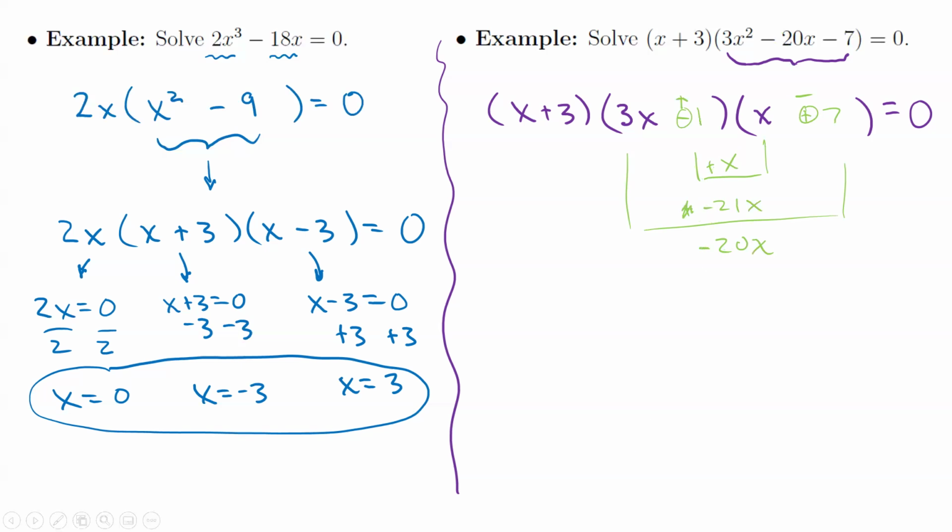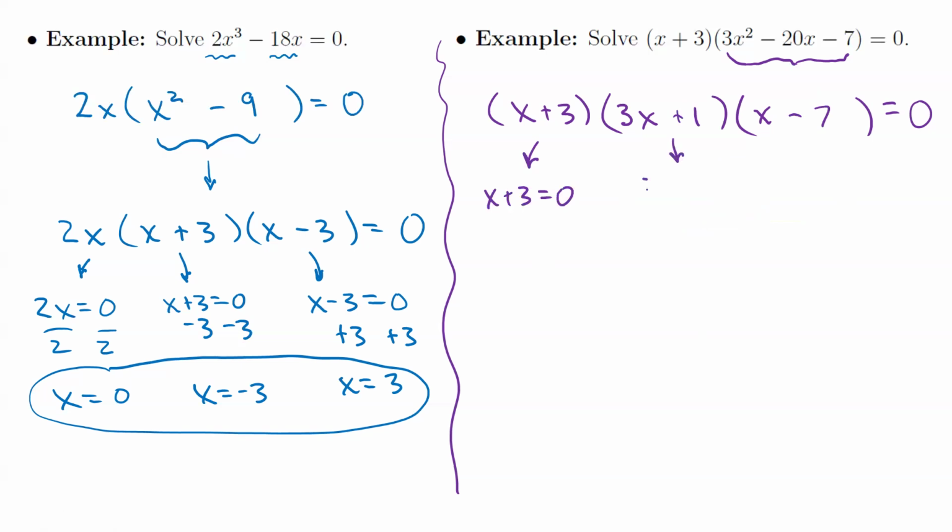All right, so now that I've done my guess and check, let me clean this up. Erase all the scratch work here. So we know that it turns into 3x plus 1 and x minus 7. So then we set each individual factor equal to 0.